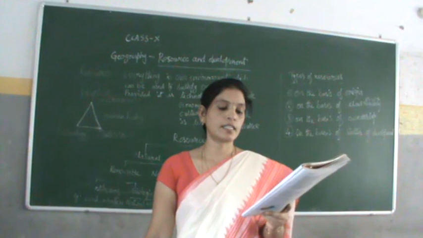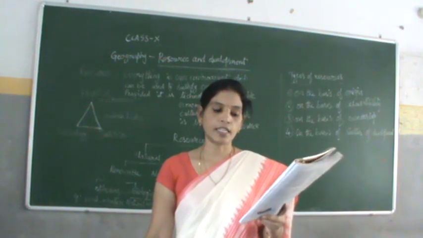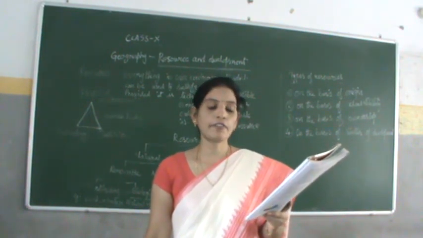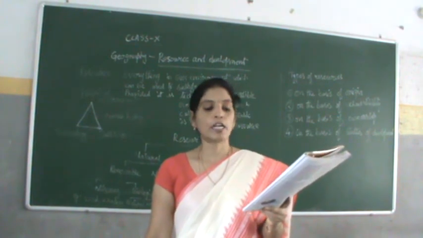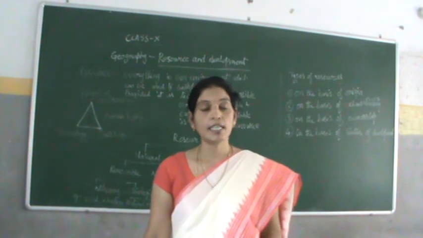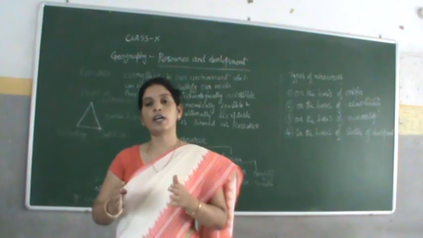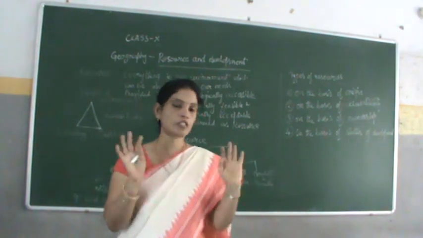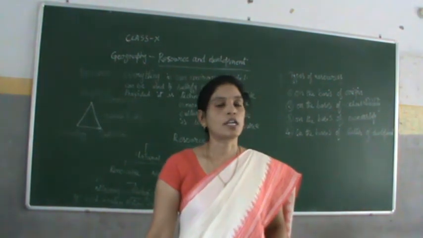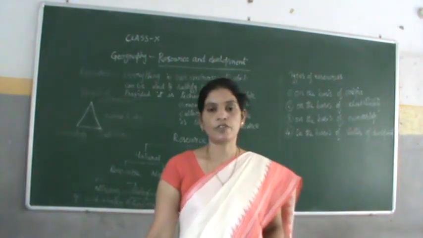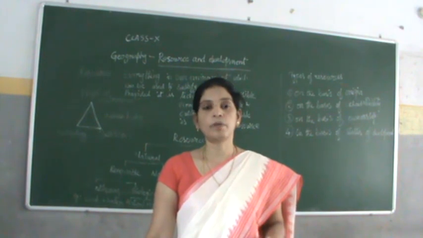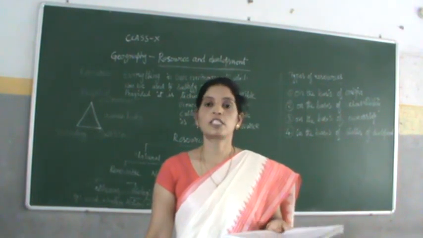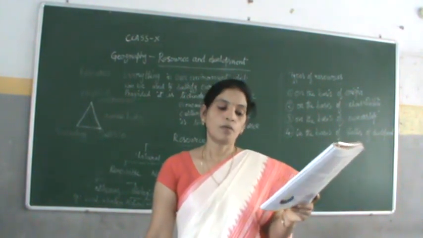Gandhiji said that there is enough for everybody's need but not for everybody's greed. It means we have enough resources to satisfy the needs of all the people, but we cannot satisfy the greed of the people, because greedy people are never satisfied with what they want.